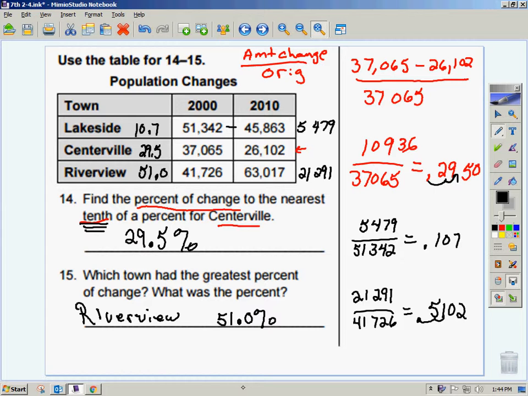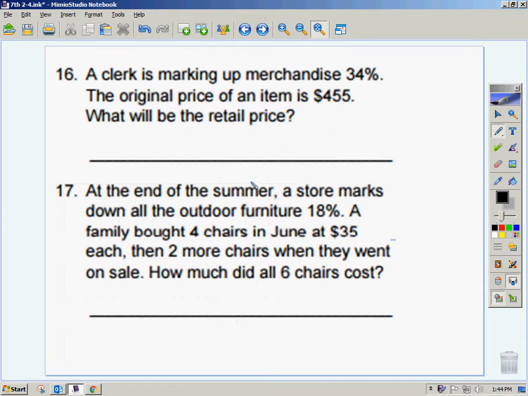Questions on 14 or 15? Number 16. A clerk is marking up merchandise 34%. It's a markup, so I take 100% and the 34% and add them together.